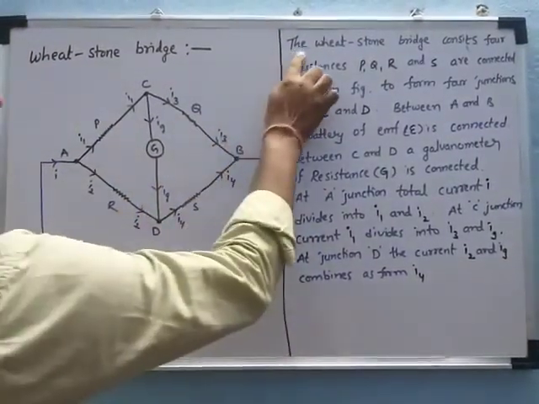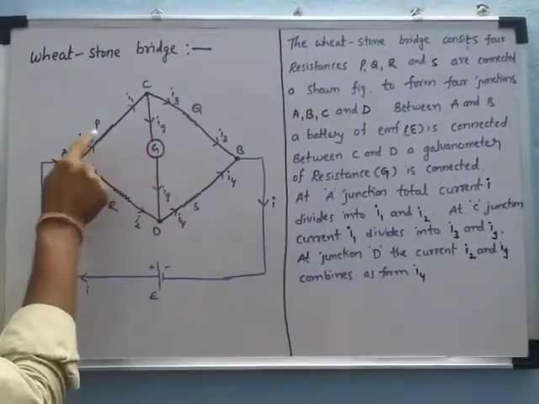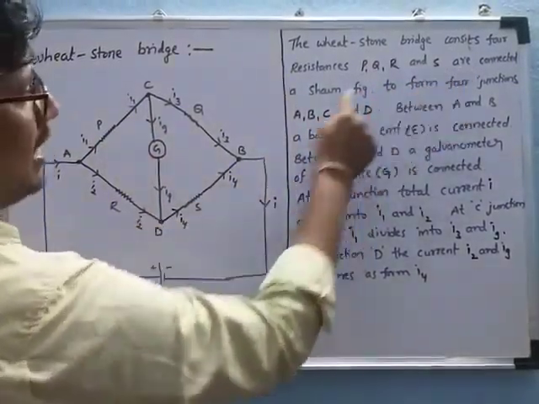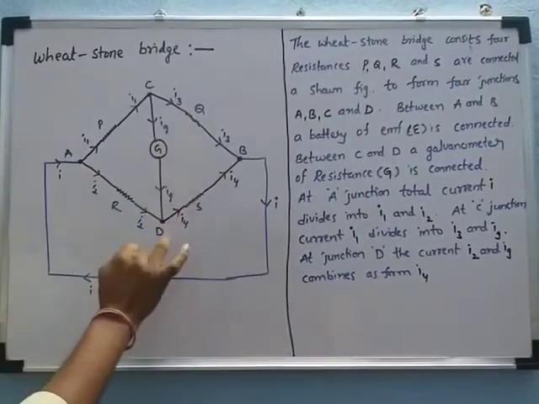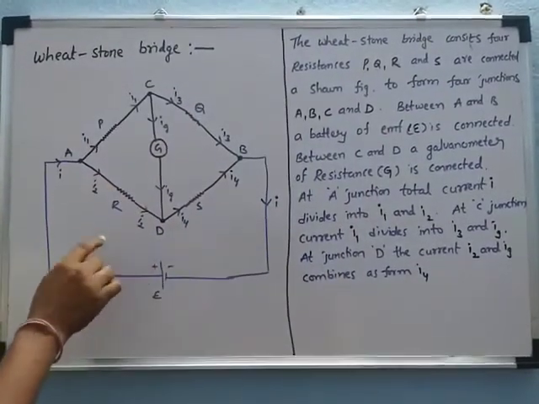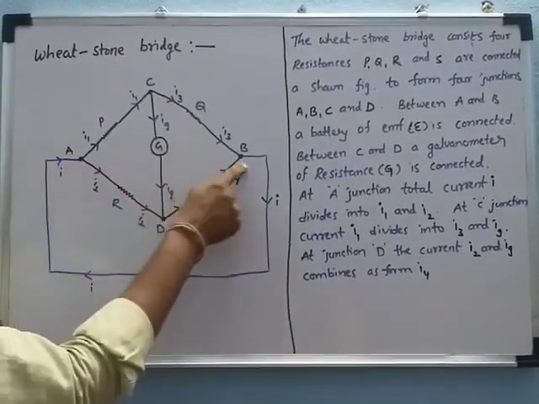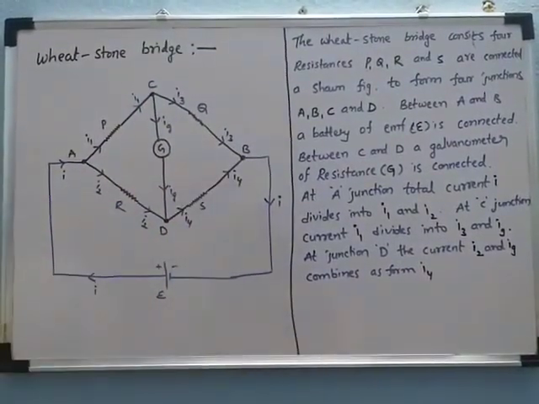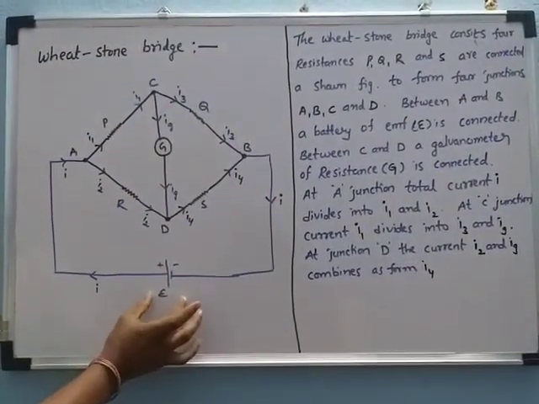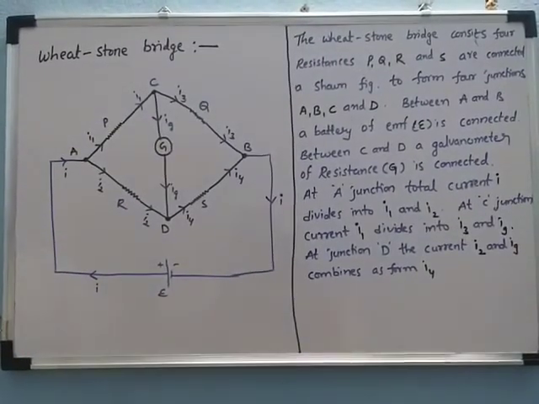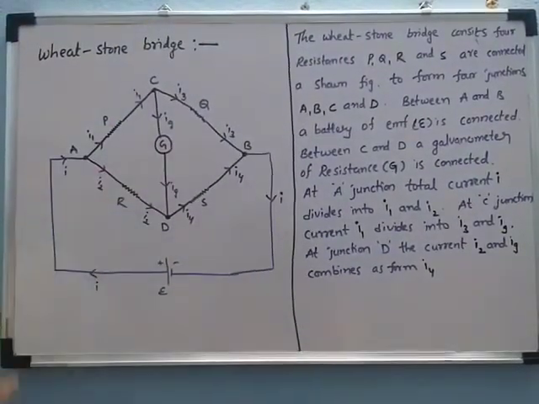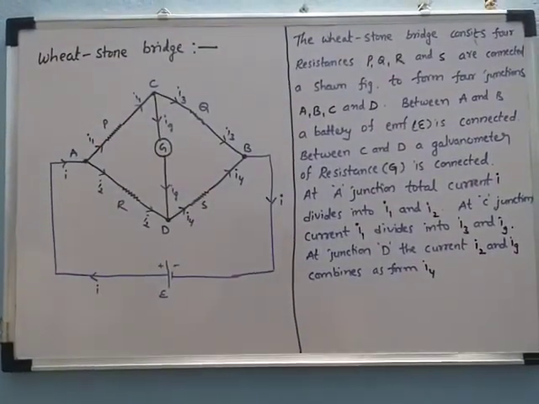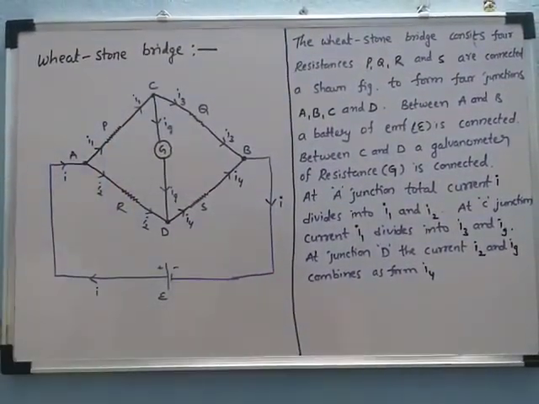Observe here the Wheatstone bridge that consists of four resistances P, Q, R, S connected as shown in the figure to form the four junctions A, B, C, D. Between A and B, a battery of EMF E is connected. Between C and D, a galvanometer of resistance G is connected.